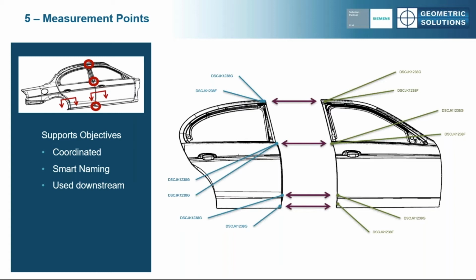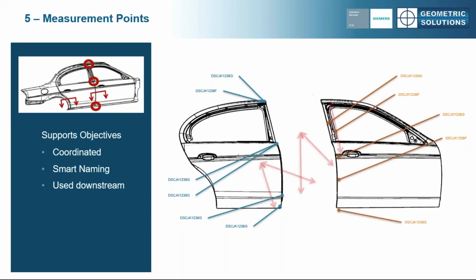This is especially needed when these parts are not made in the same part of the plant, or are made in totally different plants. I've had situations where a supplier was making one of the parts and the other parts were made inside, and the supplier just picked the points that he wanted to use, so they're not really coordinated. If I have a problem up here along this upper edge when I measure it, I don't have any data there.